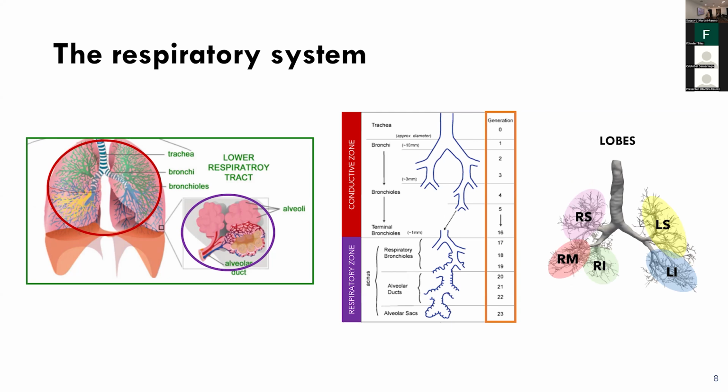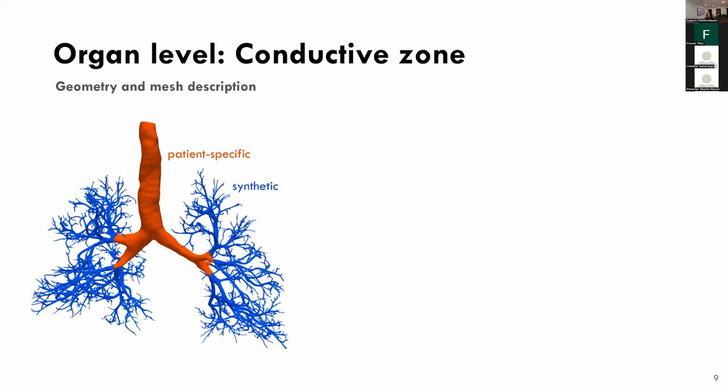But let me use this other way to classify the lungs, by lobes, which is a useful classification that allows us to better analyze some global or macro tendencies or problems. Then let me present the particular geometry that we work with in this specific project for the first part.